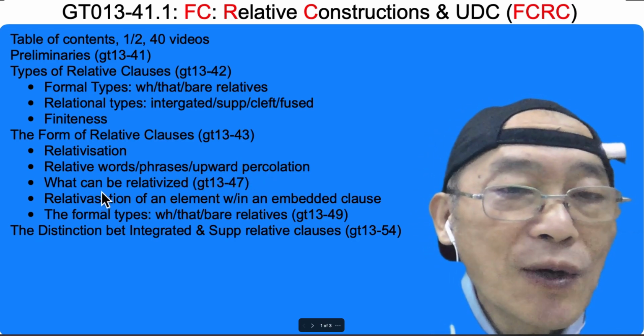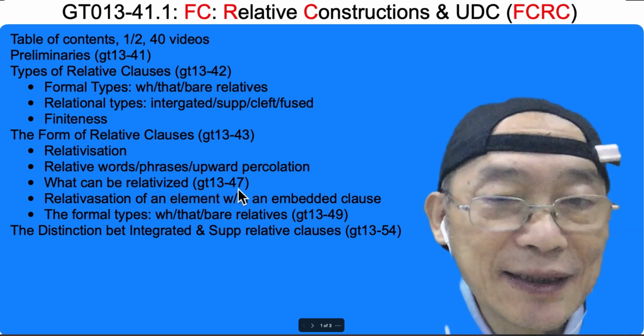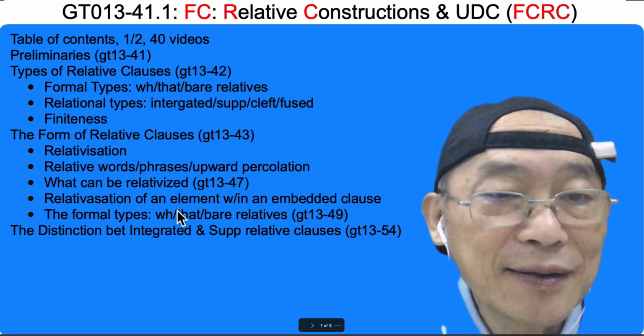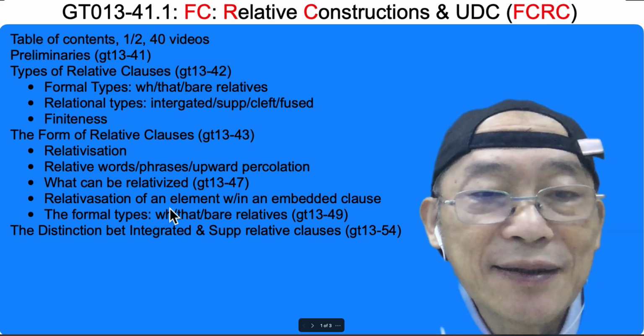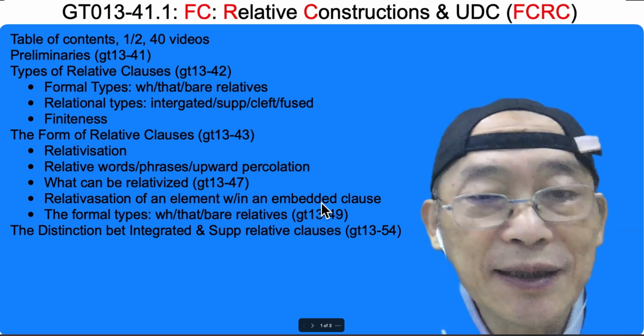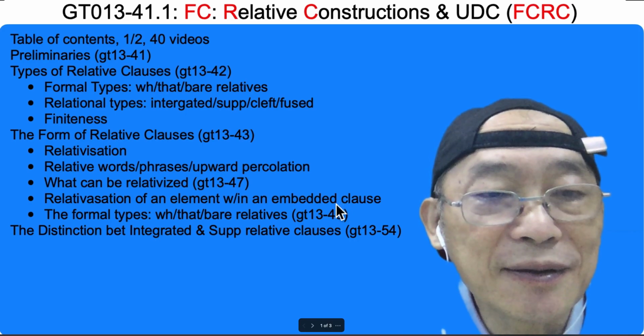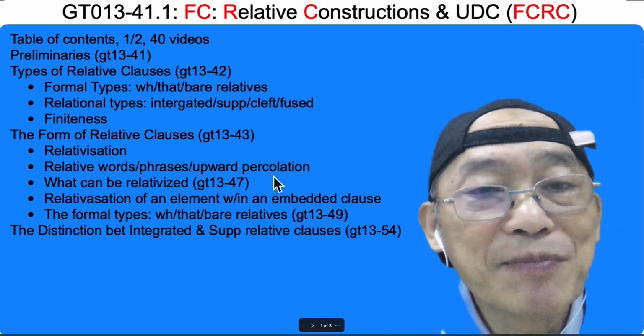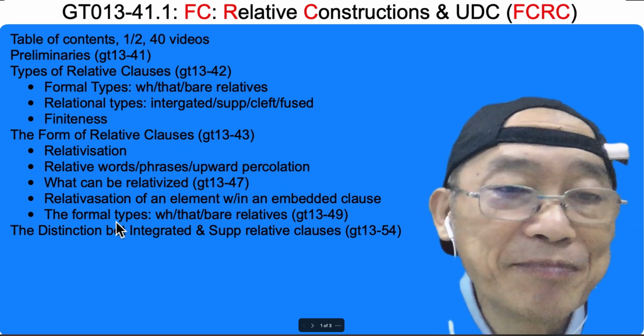What should be relativized? Subject, object, etc. Relativization of an element within an embedded clause, inside an embedded clause, needs upward percolation to bring it up.